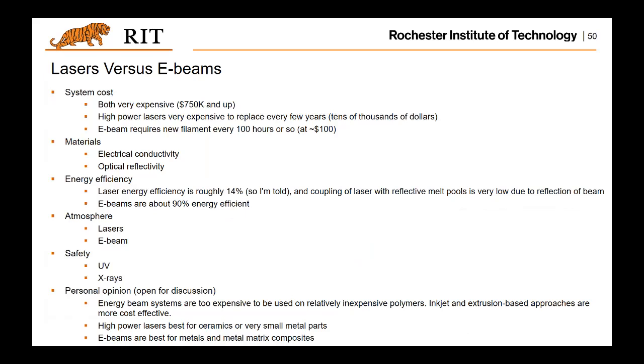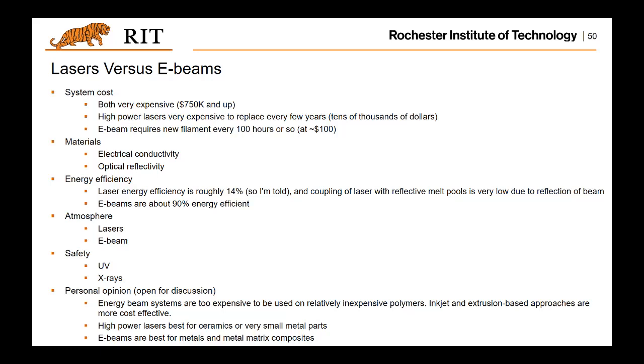So here is a little comparison of the two processes, the laser-based and the electron beam-based. Both of the two processes are very expensive as well, but they have different components which require high cost.